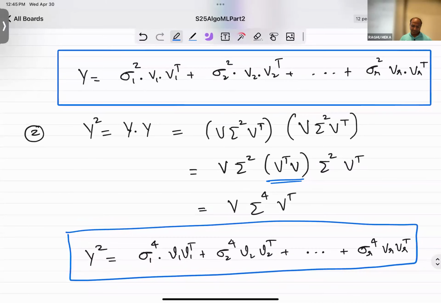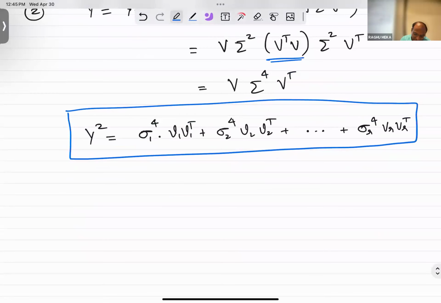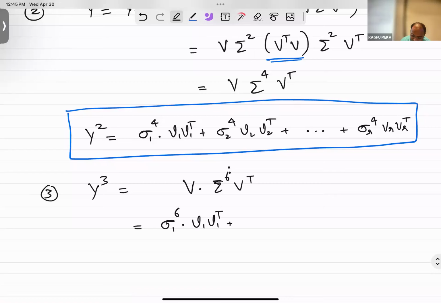What's happening here is that every time I take a power of y, the v's are not really changing. It's just the sigmas are getting raised to higher powers, because the v's are orthonormal. I'm not going to do this again, but if I compute y cubed, you get the same thing again. You get v times sigma to the 6 times v transpose. Meaning this is sigma 1 to the 6 times v1 transpose plus sigma 2 to the 6 times v2 transpose plus so on.